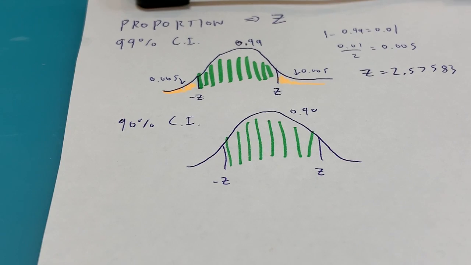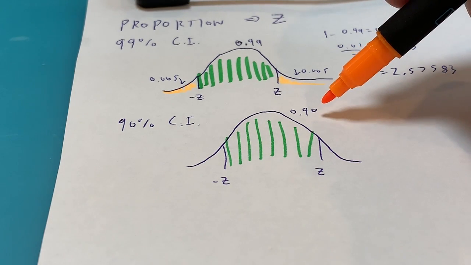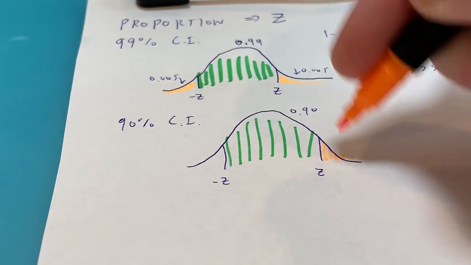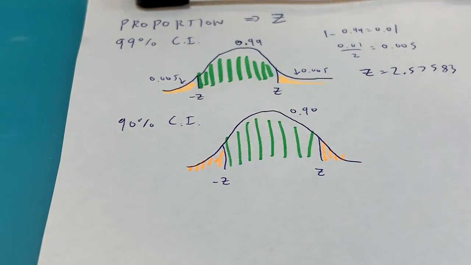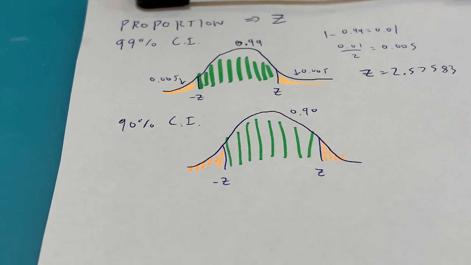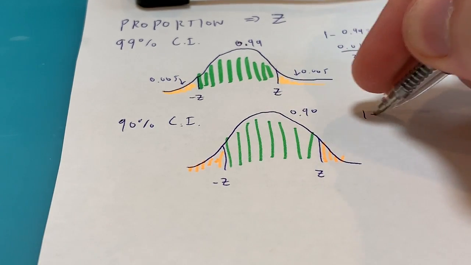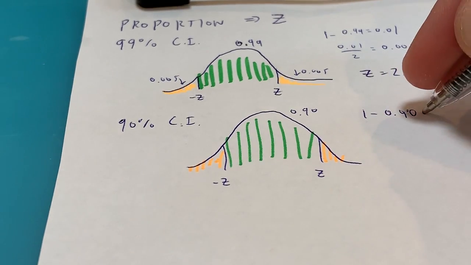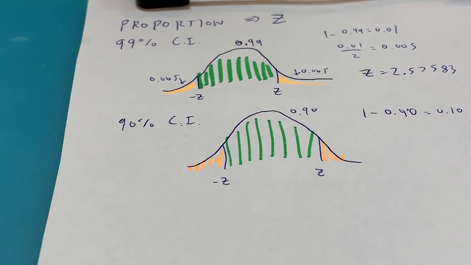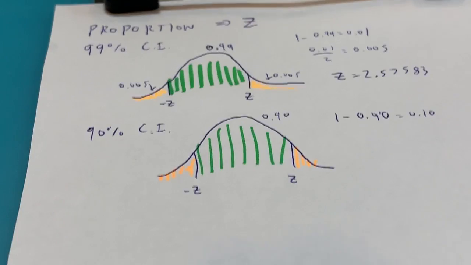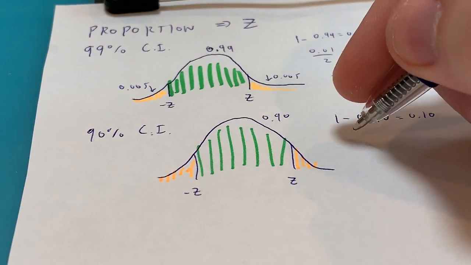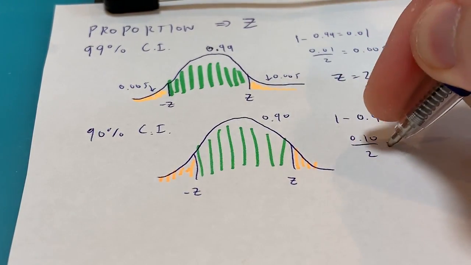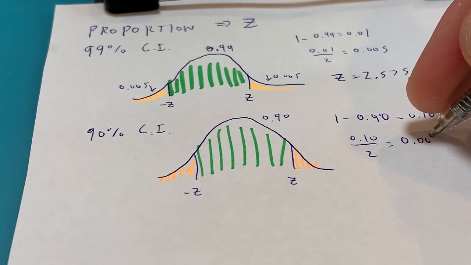Here's one more example with a 90% interval. This time I've drawn another curve here. This time that means 0.90 is in the middle, and the upper and lower tails are the ones of interest. If we've already allocated 0.9 of the curve, that means that 1 minus that, which is 0.10, is left over. And so if we divide that among both tails, 0.10 divided by 2, we get 0.05.